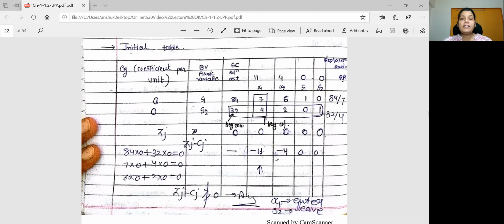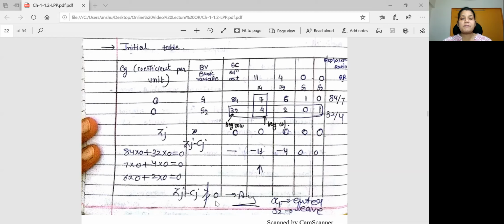But in our equation, not all values of zz minus cj are greater than or equal to 0, because we get minus 11 and minus 4. That means our initial table is not our final table. So we find our next table.